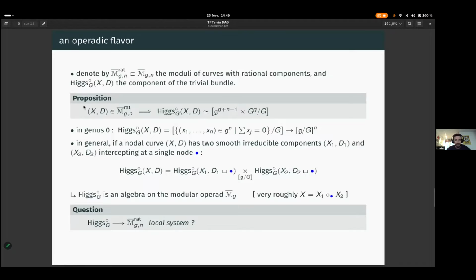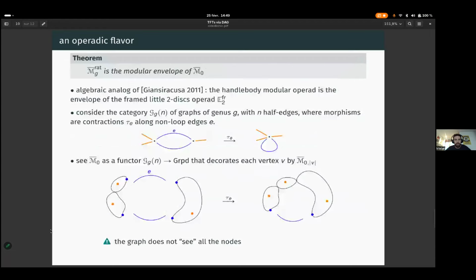So from the proposition here, we can wonder if we don't have something that's actually a local system. What we believe is the first very important step in this direction is something that we formulate in terms of operads, saying that the rational piece we've defined is actually the modular envelope of genus zero curves.